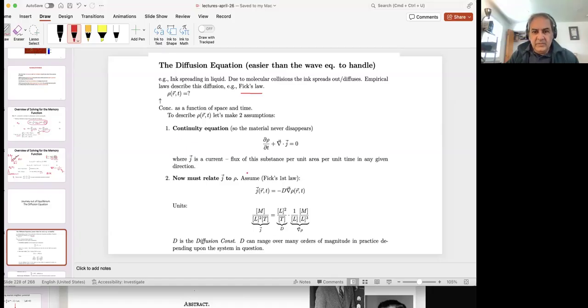So del rho del t, which is how the density will fall, is connected with the divergence of the current in this case. In this case, the current meaning the amount of ink that is moving out in time in various directions. So divergence of J is negative of del rho del t. That's what it is. So this J, this current J, one can think of it as flux of this substance per unit area, per unit time, how much is flowing out.